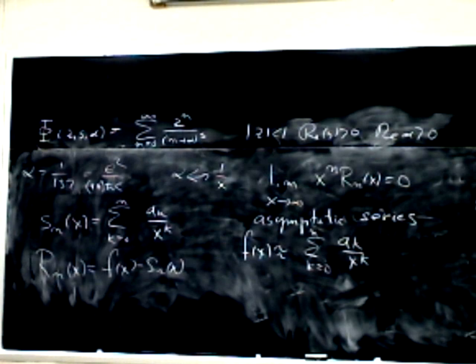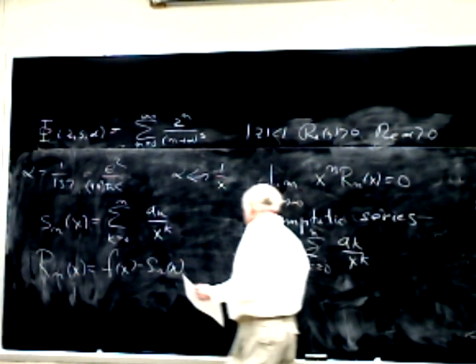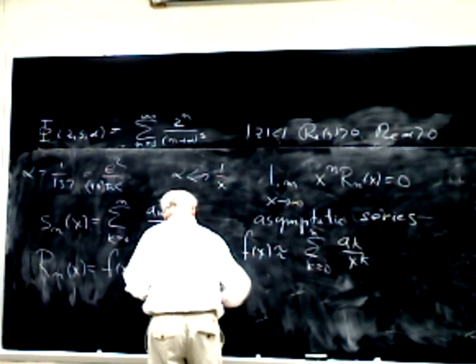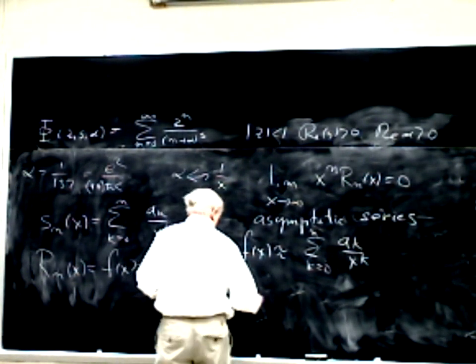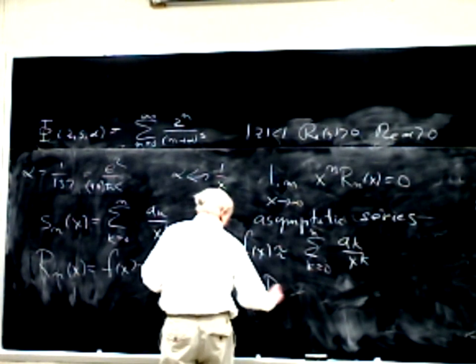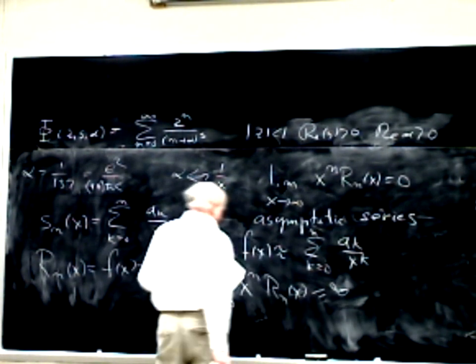Now, some authors introduce an extra condition, namely that the series actually diverges. So some people say that you should add the subsidiary condition that the limit as n goes to infinity of x to the n, R sub n of x equals infinity.